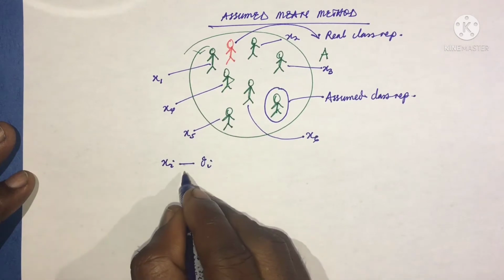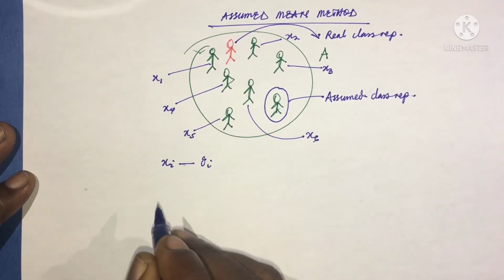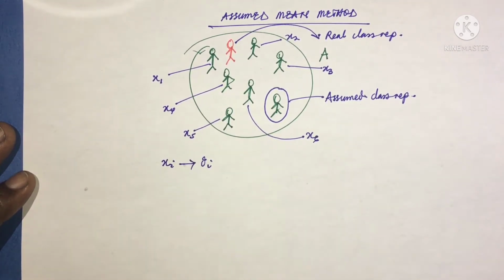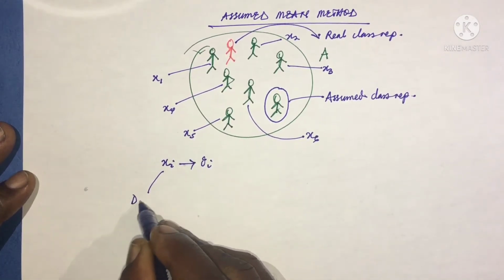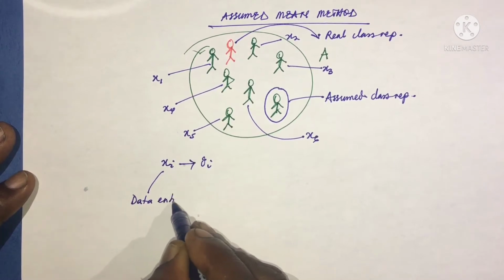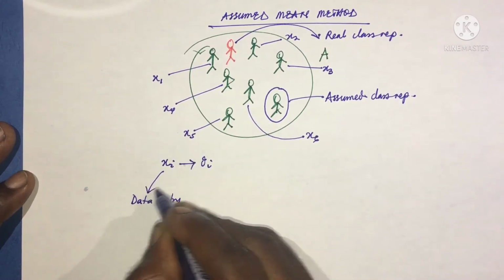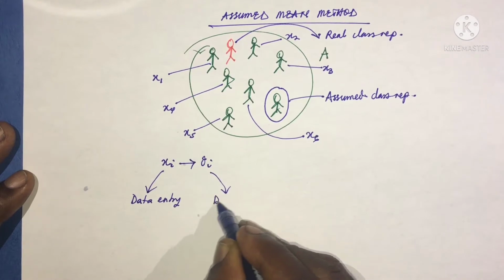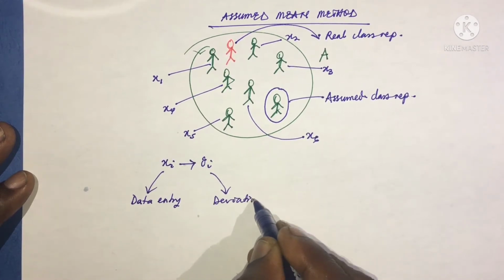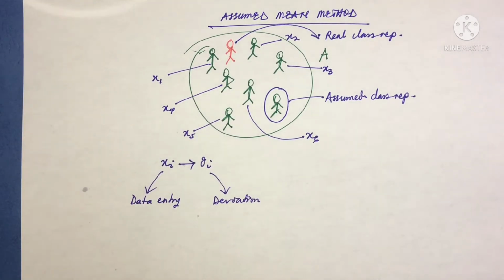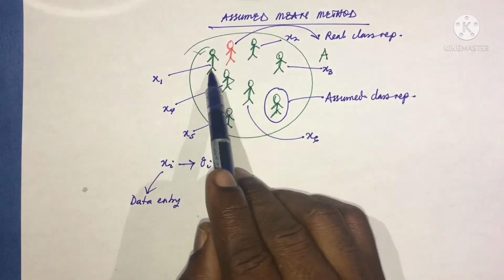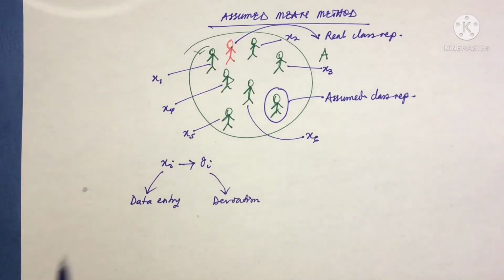Okay? Take note, this is not a subtraction sign. So, for every data entry in the data set, there is a corresponding deviation. Now, when the class rep was there representing the class, there was no deviation, meaning that everybody in the class were used to the real class rep, and they had no misunderstanding with him.